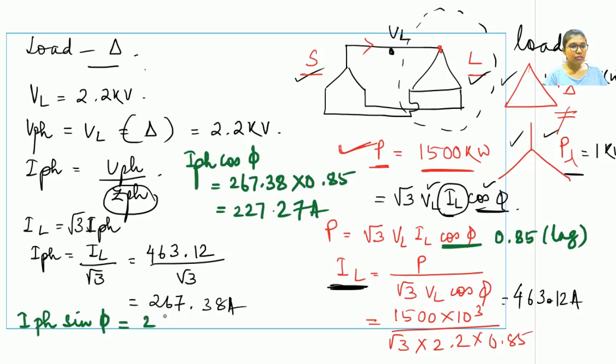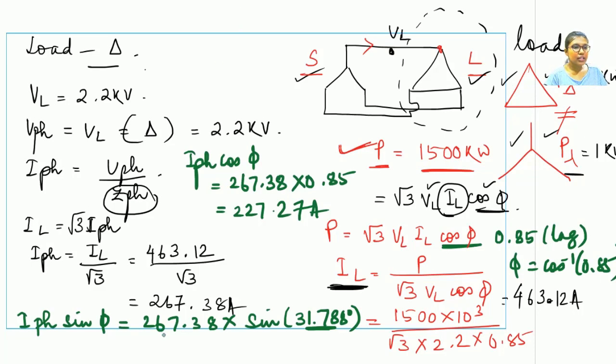One has to figure out the value of sin phi, which is sin 31.788 degrees. This is the value of phi obtained by cos inverse of 0.85. So that gives a value of 140.847 amps. So with this, we have figured out the phase current, the active component of the phase current and the reactive component of the phase current at the load side.